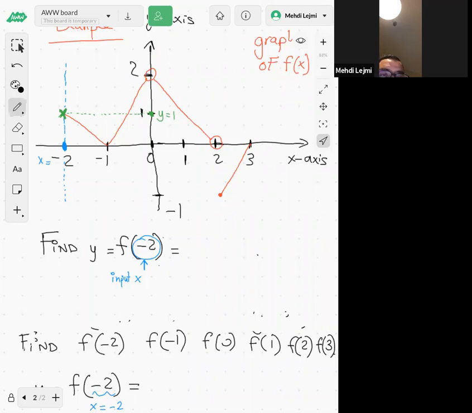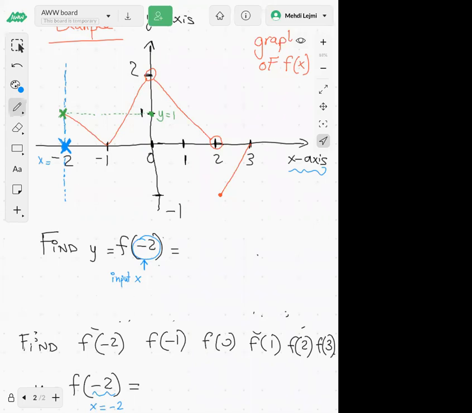So what you do is you go to the input x is -2, which is this point here, right? The x axis, that's the horizontal axis. So I draw the vertical line. You see this blue vertical line passing through -2?